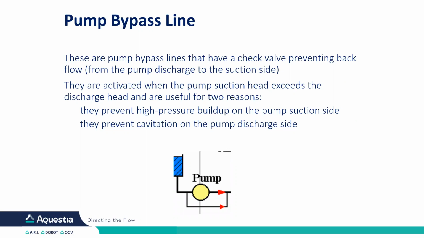They're activated when the pump suction head exceeds the discharge head and are useful for 2 reasons. They prevent high pressure buildup on the pump suction side, and they prevent cavitation on the pump discharge side. This solution is less advisable due to the check valve operation itself.